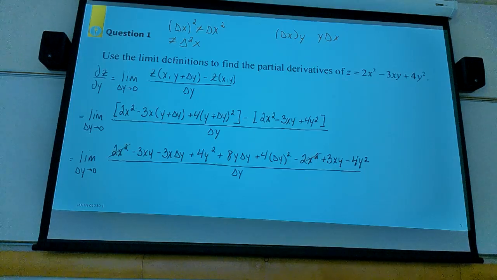Plus 2x squared minus 2x squared minus 3xy plus 3xy plus 4y squared minus 4y squared. All the terms we're left with in the numerator have a delta y in common. So factor it out. Left with negative 3x plus 8y plus 4 delta y.